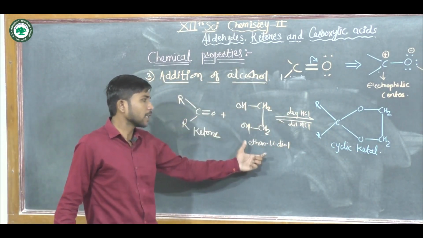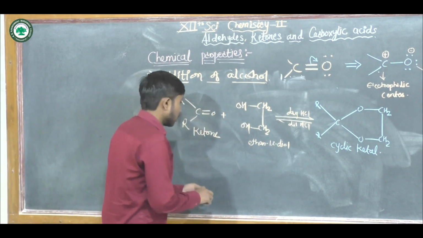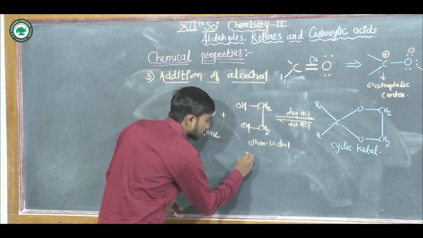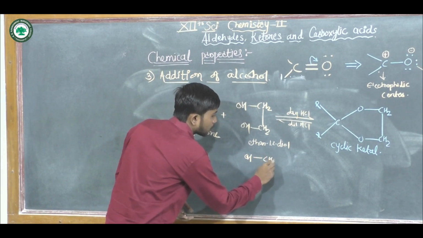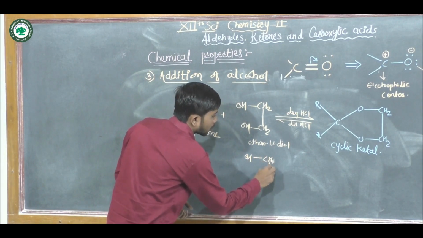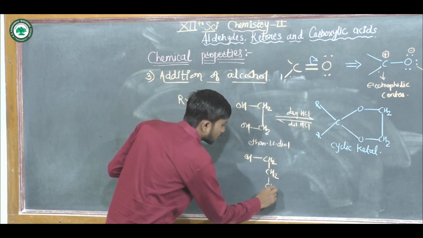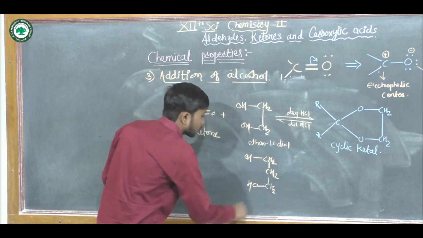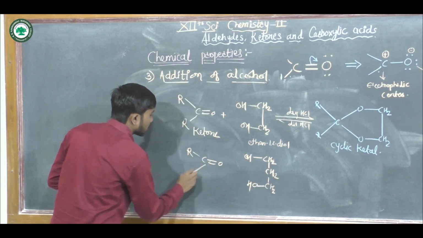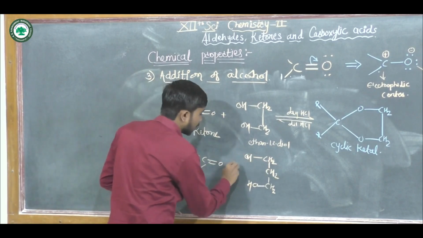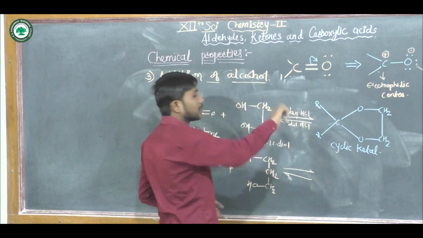Instead of this ethane 1,2 diol, if we use propane 1,3 diol, likewise the same reaction, the resulting cyclic ketal would be a 6-membered ring.